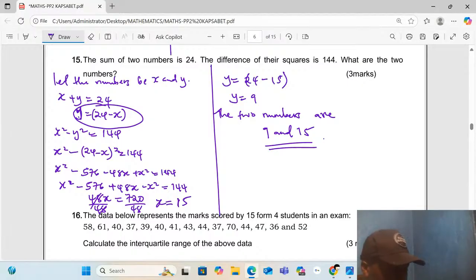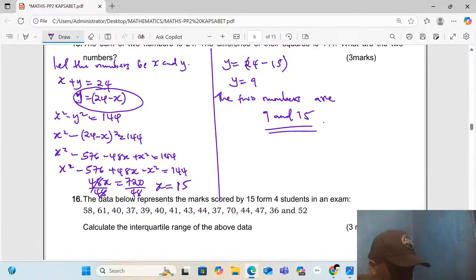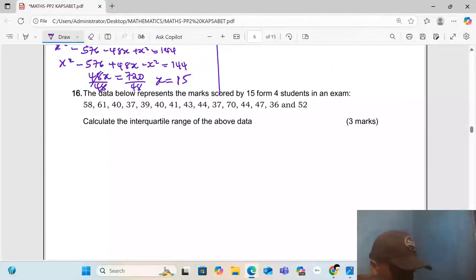Now that is the final answer, the two numbers. That's why when you add, the sum of the two numbers is 24. 9 plus 15 you get 24, and the difference of the squares, 15 squared minus 9 squared, you're going to get 144.